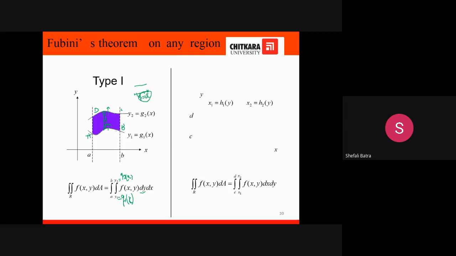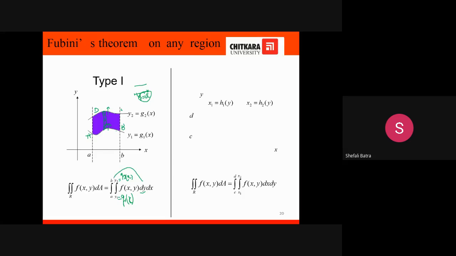Right? So whenever you are dealing with a region other than a rectangle or square, then definitely one limit would be in a variable and another limit would be constant, right? And always keep the variable limits in the internal integral, right?